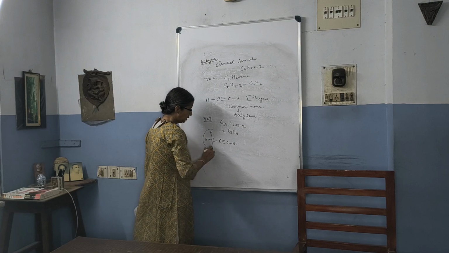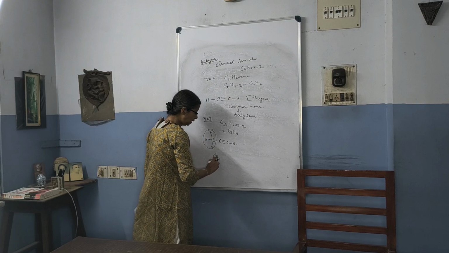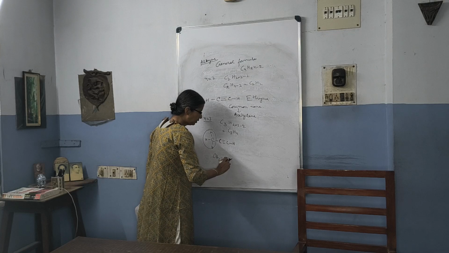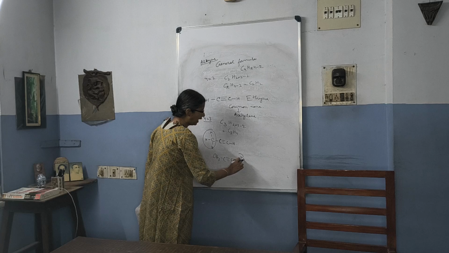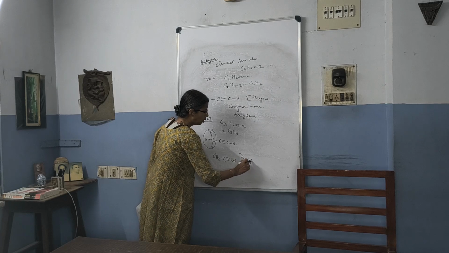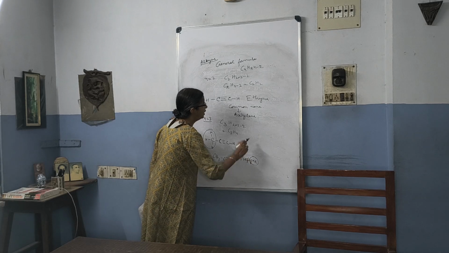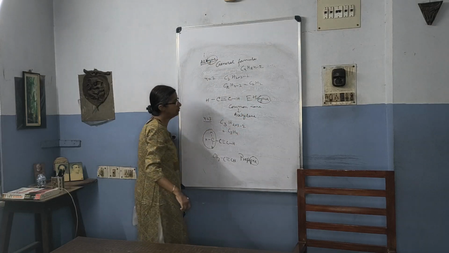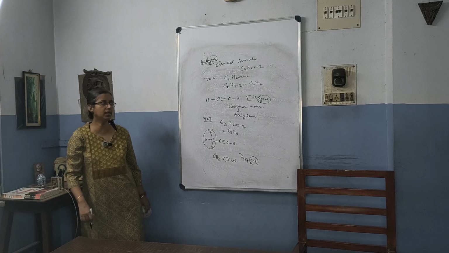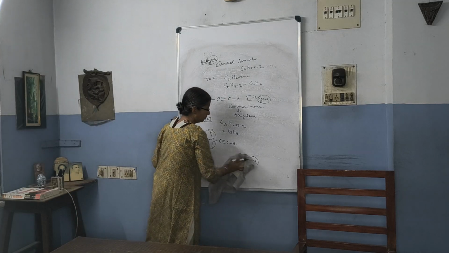So it is CH3, C triple bond CH. So this is propyne. See, we have started with yne. Similar way we will do butyne, pentyne, and so on.